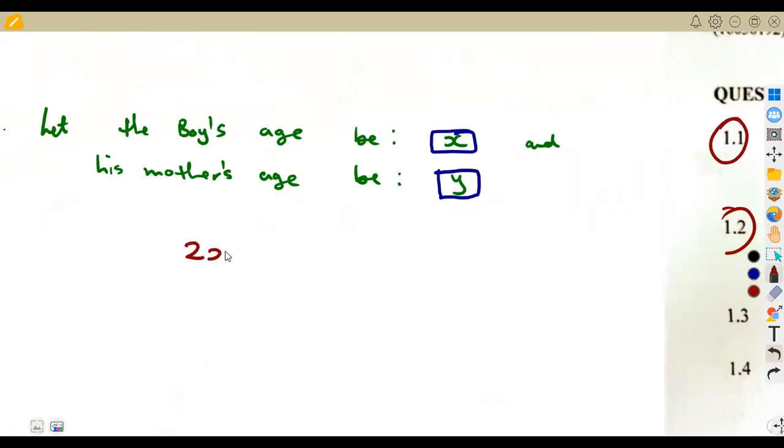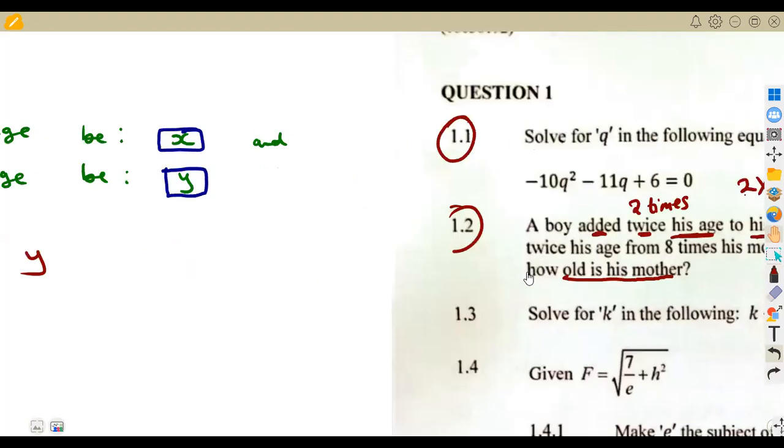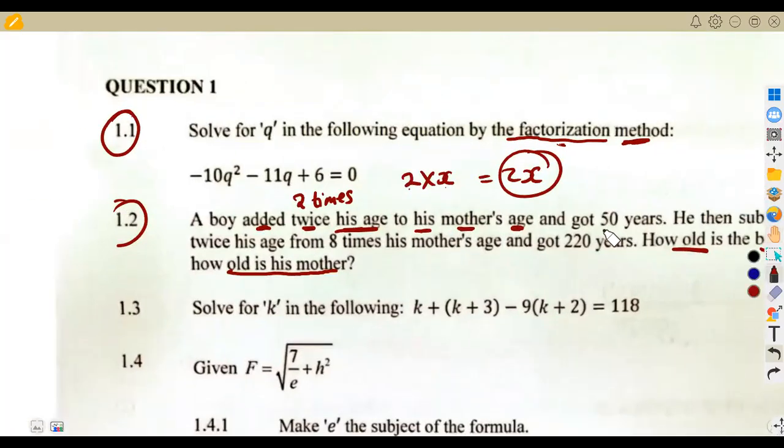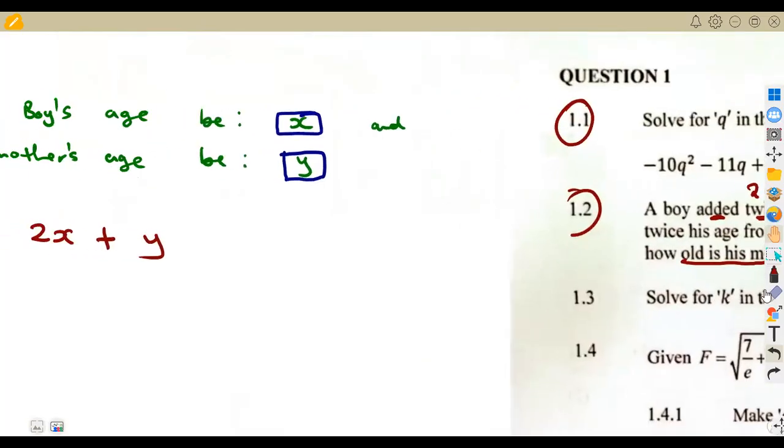So it's going to be 2x plus y. What is he going to obtain if he adds this? He's going to obtain 50. So that's an equation, because this is equal to 50. We have formulated an equation by just having an equal sign. Let's move on to another statement.